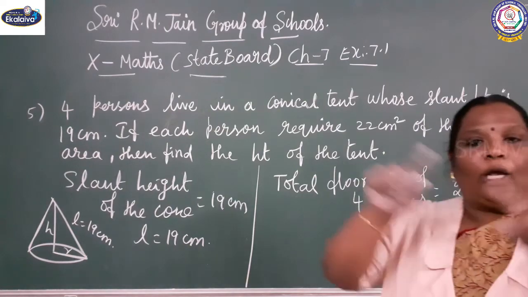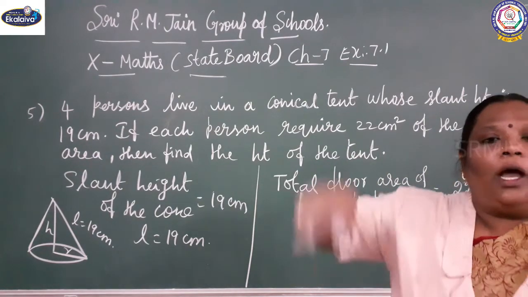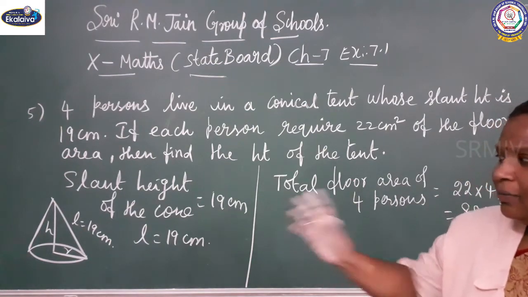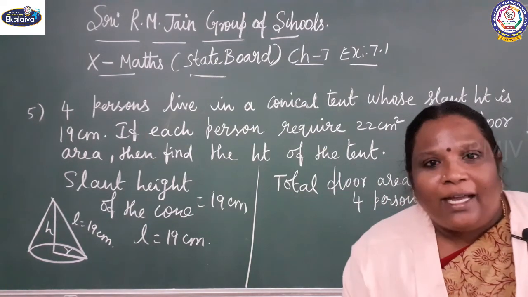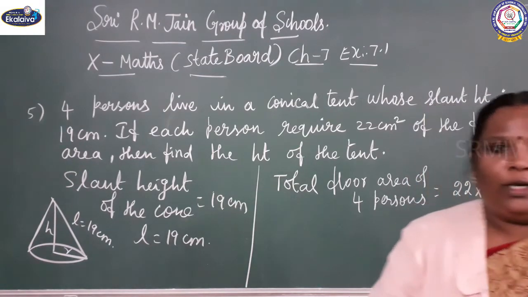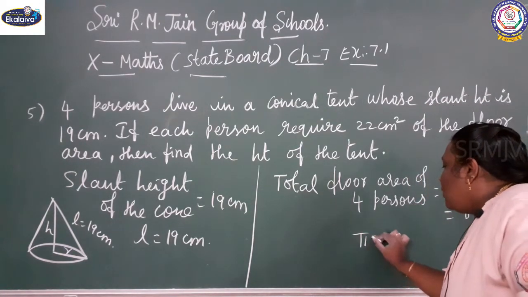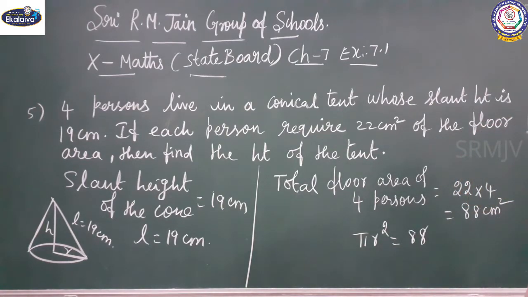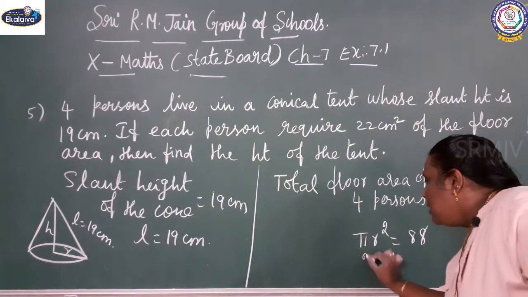It's the required base area of the conical tent. The base is a circle shape. What is the area of the circle? Pi r square. So pi r square equal to 88.